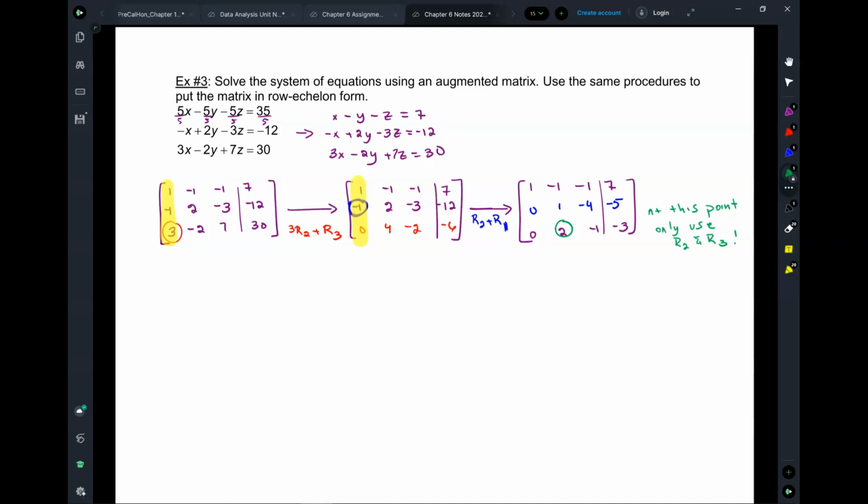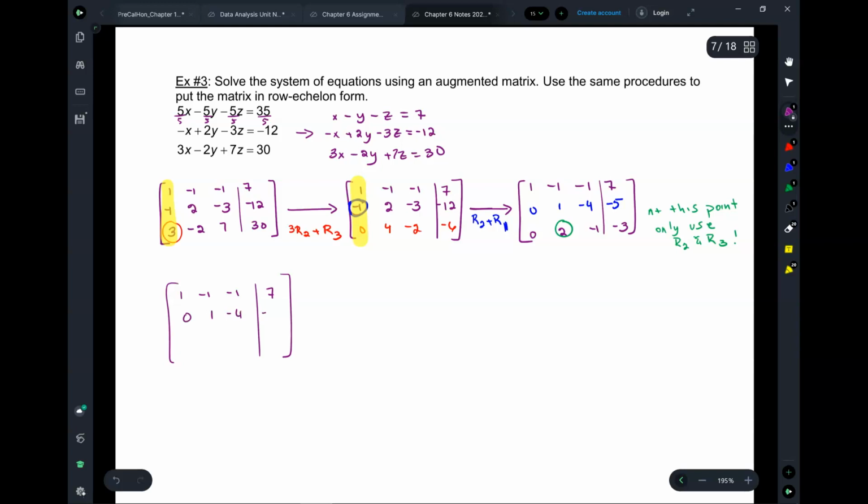So let me write that down. First, let's write down the ones that aren't changing. Okay? And I'm going to take your question in a second. Just give me 1 second. Row 2 minus row 3.